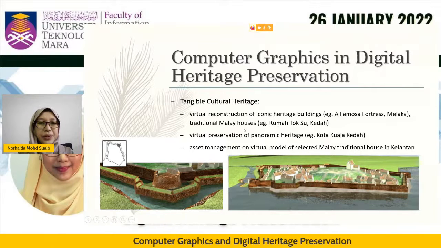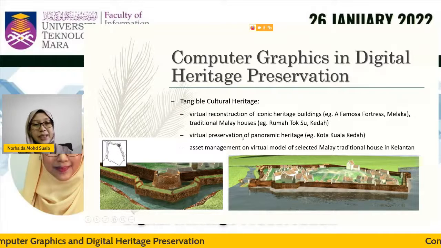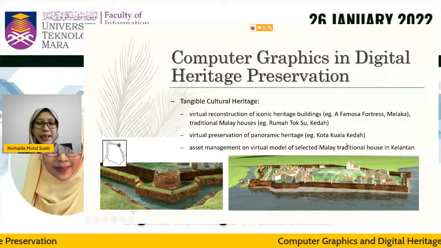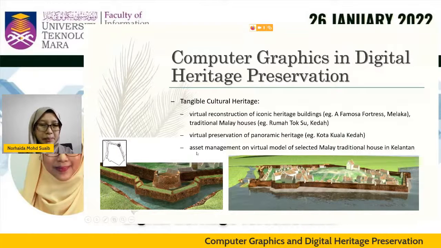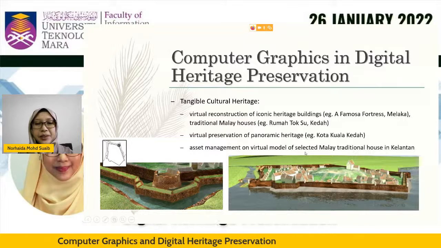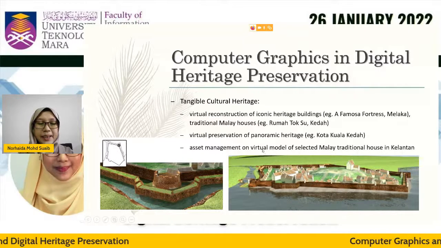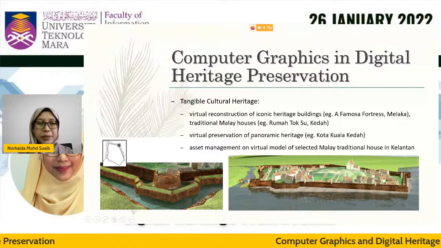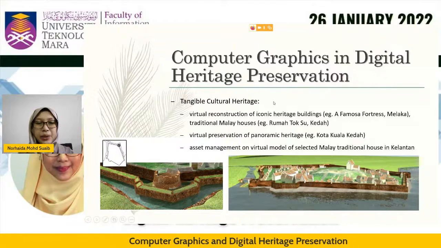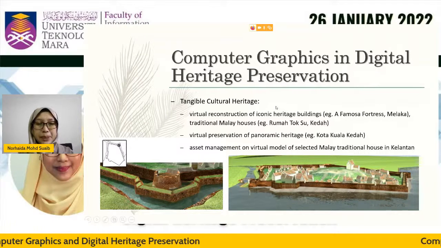And then you can also use computer graphics to do the virtual preservation of panoramic heritage, for example, Kota Kuala Kedah. And also asset management on virtual models of selected Malay traditional houses in Kelantan. Of course, in this example, we see that computer graphics is the enabling technology. We also need participation from experts in the area.